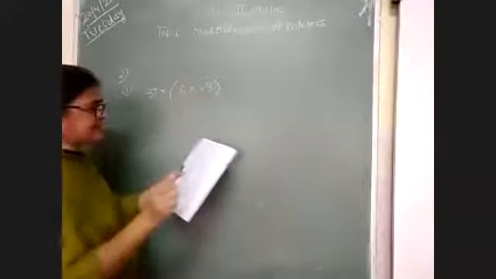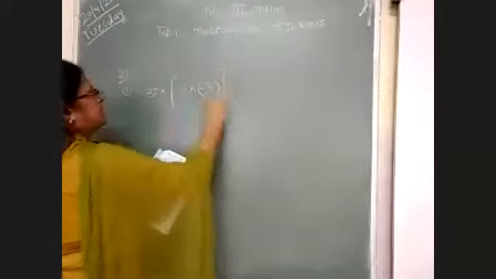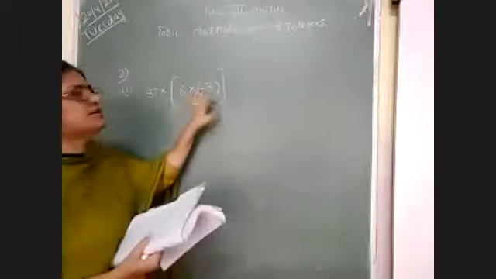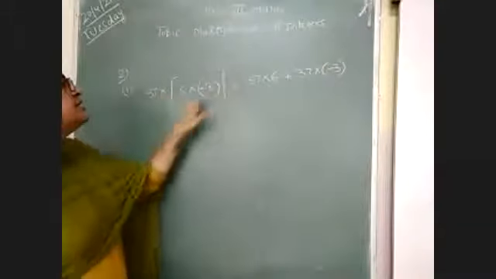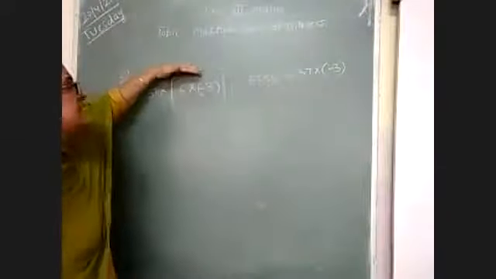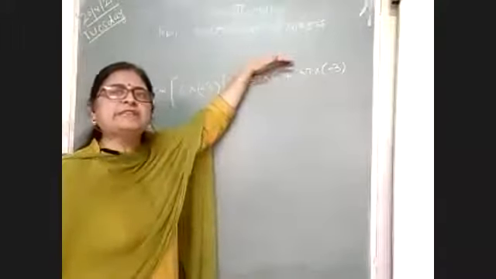This is given in the bracket, the square bracket and this is the round bracket. Equal to 37 into 6 plus 37 into -3. This is the property of multiplication over addition. There are two sides given. This is the left hand side and this is the right hand side. You have to verify this question.